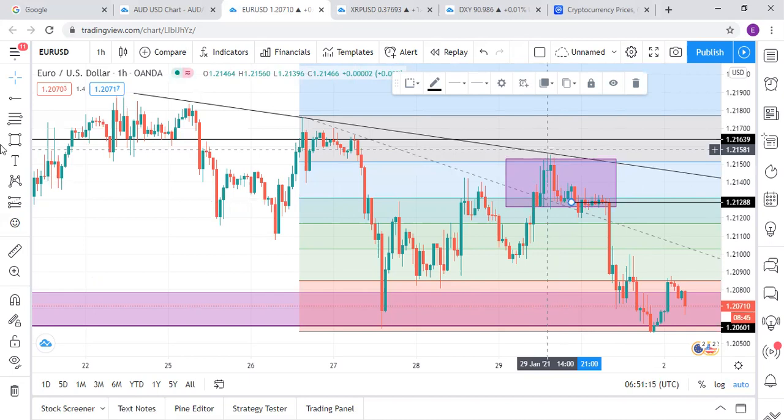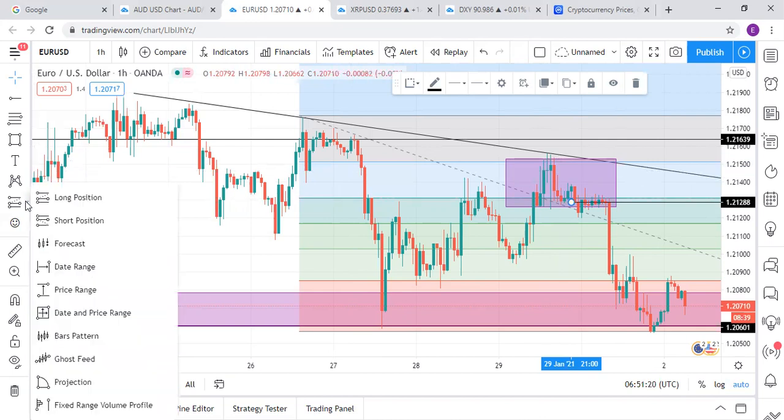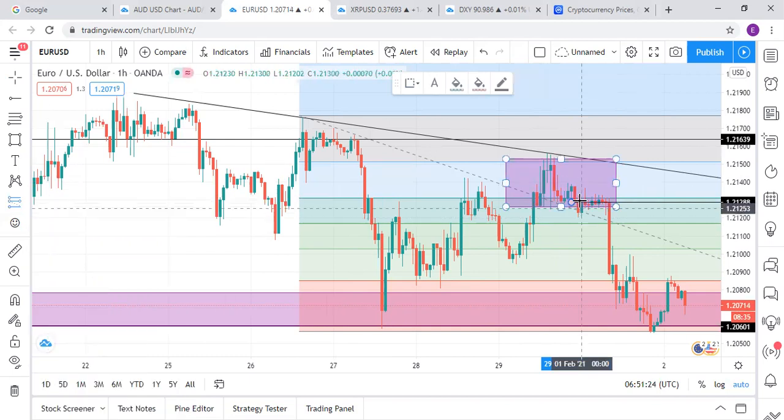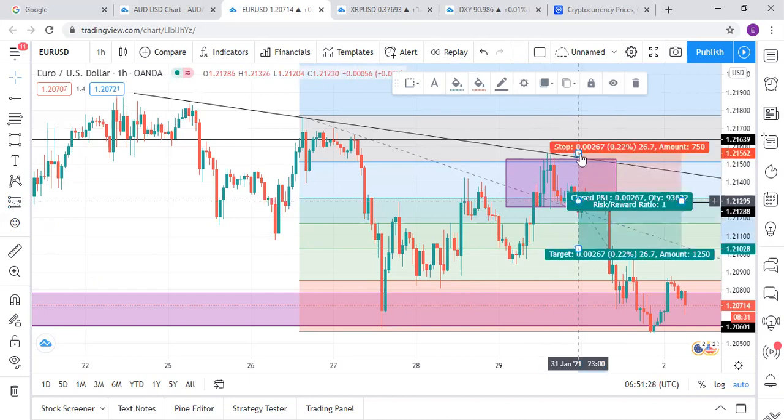And look at it. So look at the trade. So this is our entry. Stop loss, okay. 28 pips.